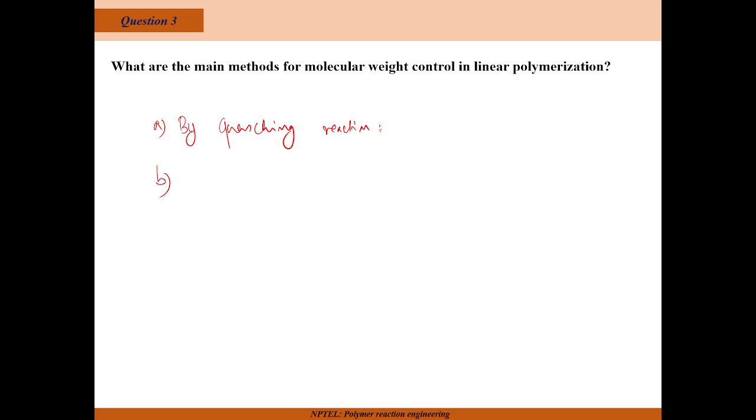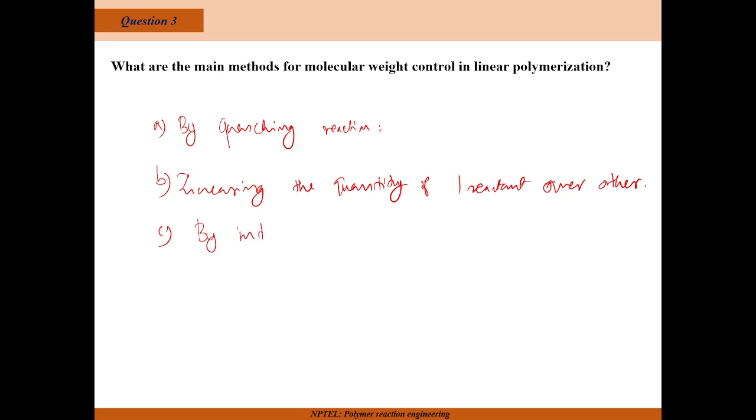So the second one is increasing the quantity of one reactant over the other.